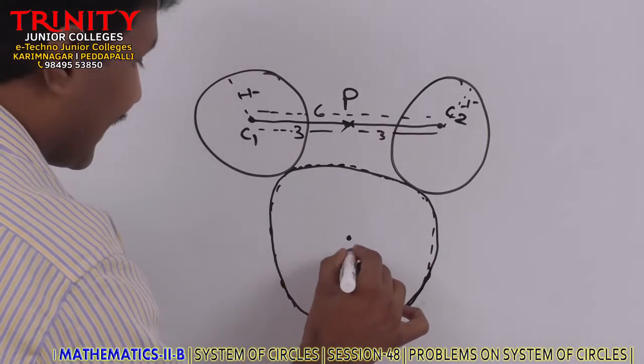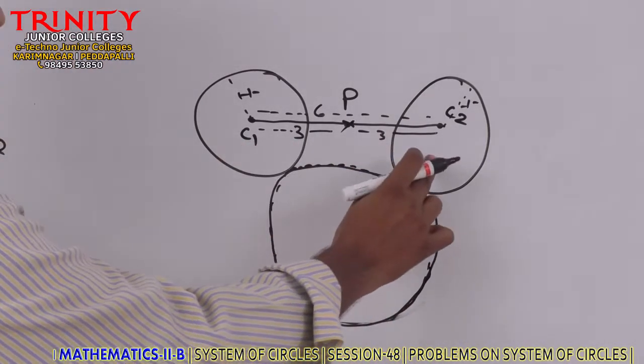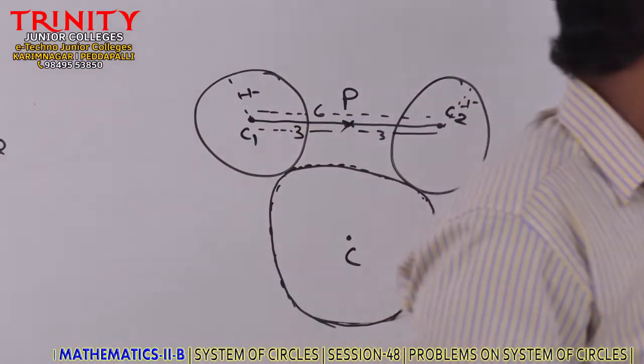Let C be the circle which touches both the circles C1 and C2 externally.